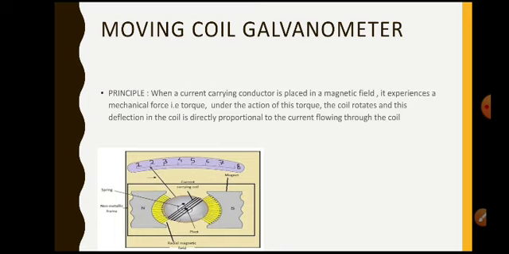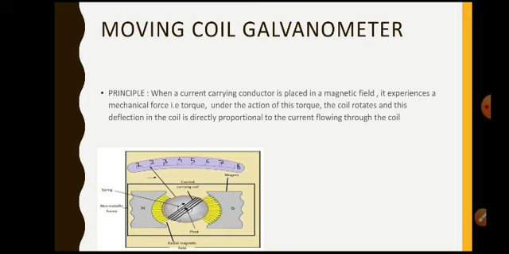It's a very sensitive device. The moving coil galvanometer is a very sensitive device which is used to measure and detect very small currents in the circuit. It works on the principle of a current carrying wire placed in a uniform magnetic field experiencing torque.